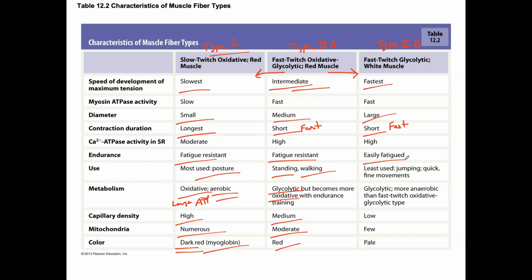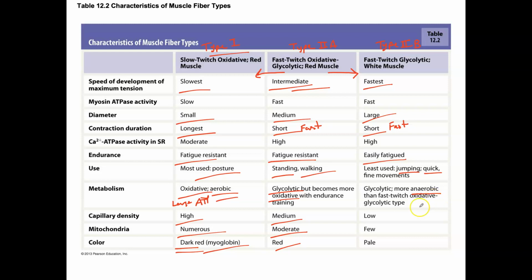These are really the least used as far as the muscle cells. These are going to be for quick movements, not sustained movements. So these are going to be jumping activities, quick sprinting types of activities, where the activity is going to be seconds of time. They use anaerobic metabolism, so hence the glycolytic metabolism.